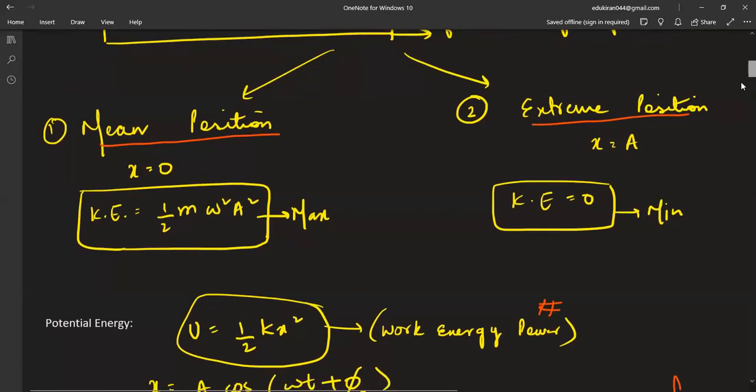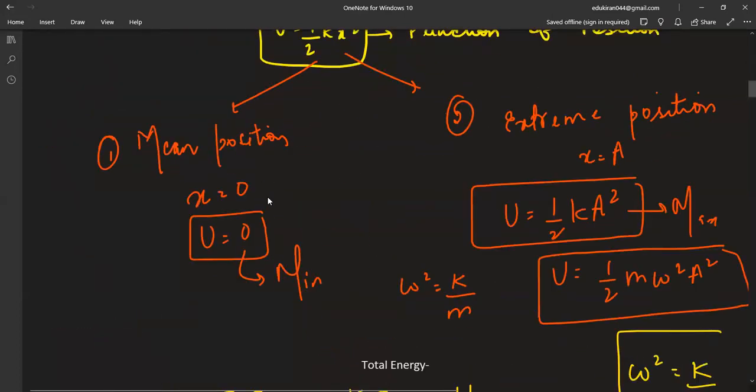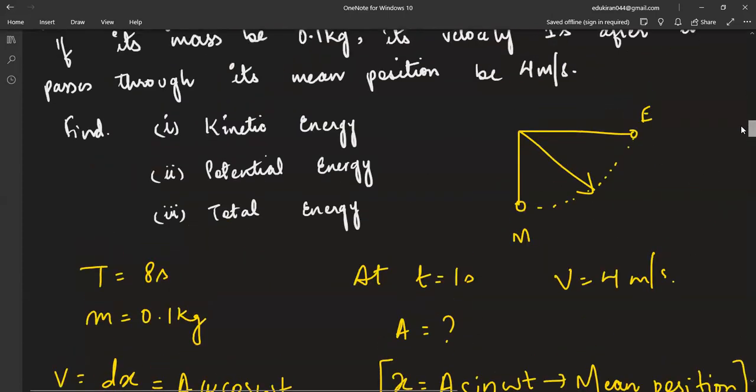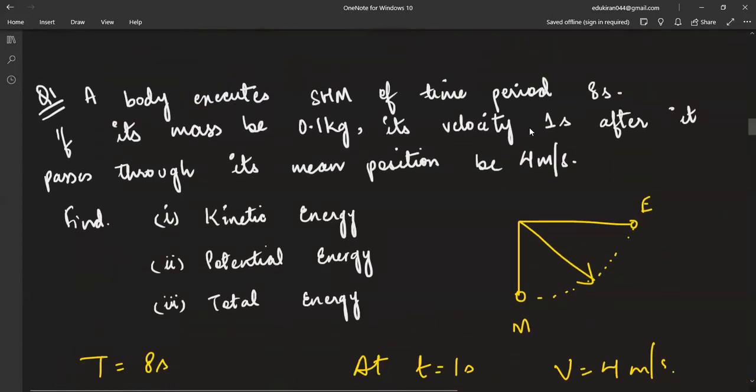For potential energy, if it was the mean position, it would directly have been 0. Kinetic energy and total energy would have been equal.